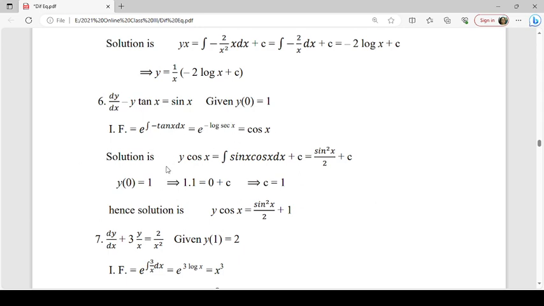Now its solution is y into the integrating factor is equal to sin x cos x, so sin x is q multiplied by cos x, and its integration is sin square x by 2 plus c.